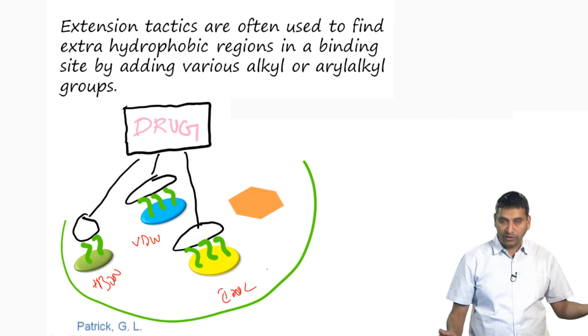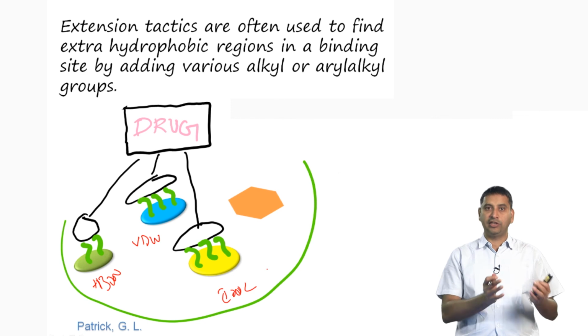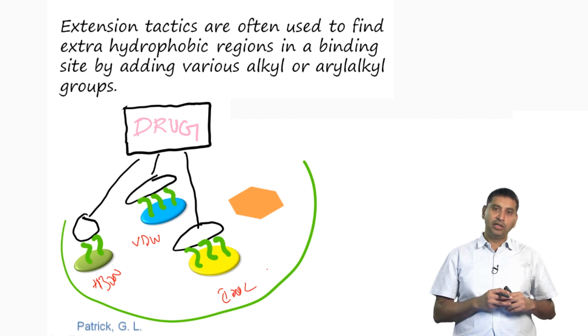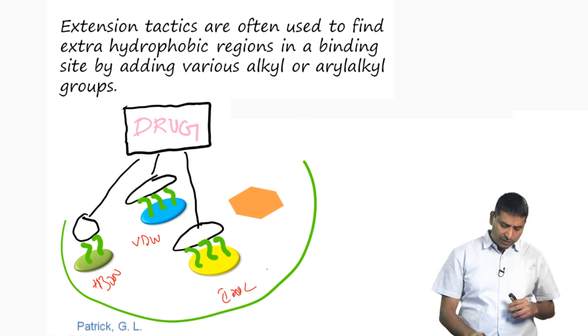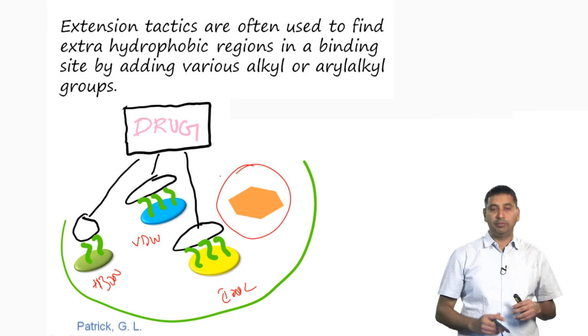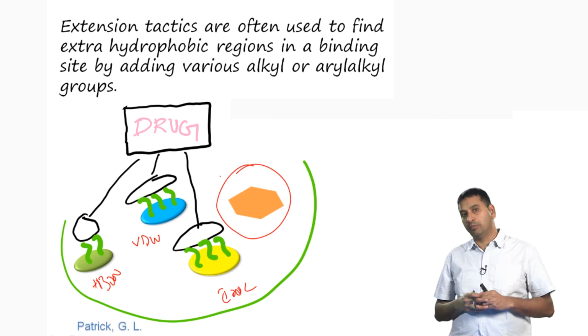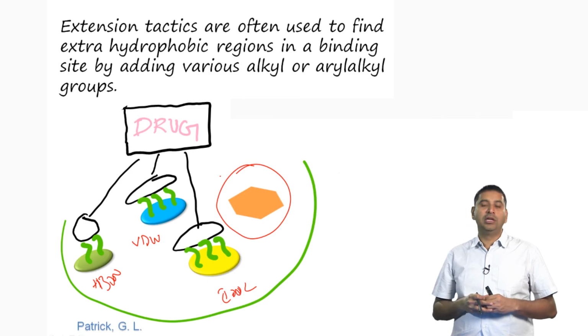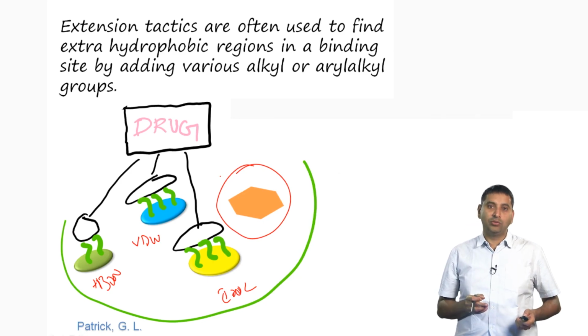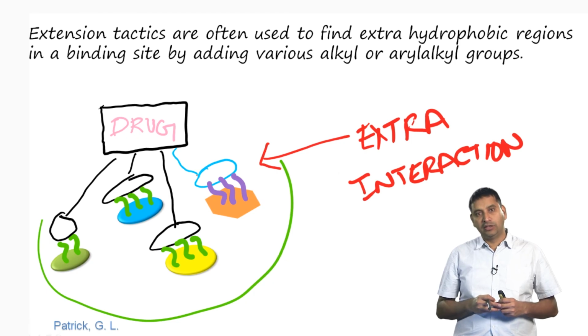Any of these combinations are possible, but these are the three major interactions that are going to be important. But we can also identify perhaps another group where maybe there is an aromatic pi-pi interaction that is possible. Then what we could do is to add that extra interaction by making a new compound.